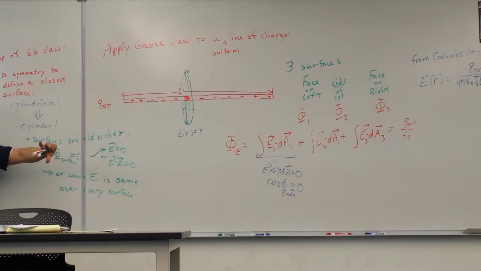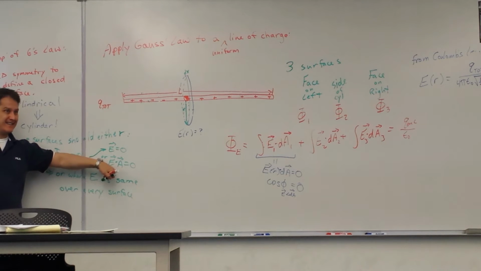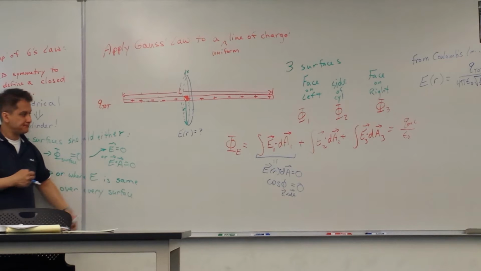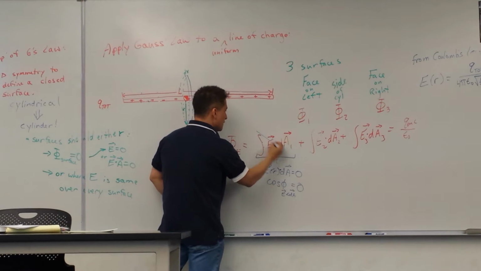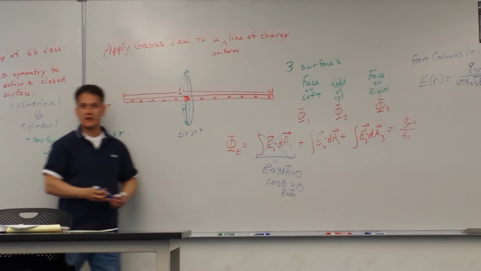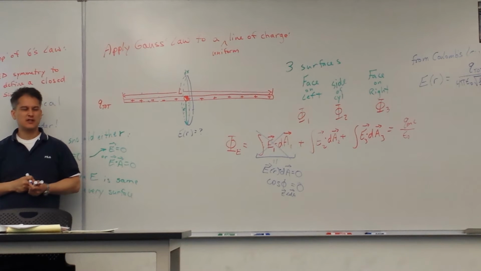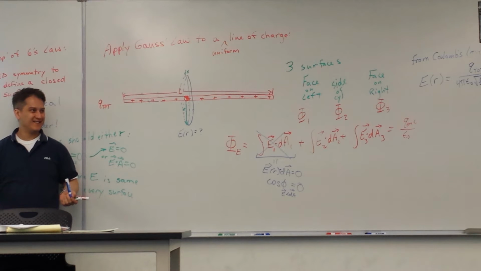It never actually crosses the face. There's no flux. So again, E's not 0, but E dot dA is 0. So this term here does not play a part in our calculation. It feels almost like cheating, because you know there's field there, but there's no flux.